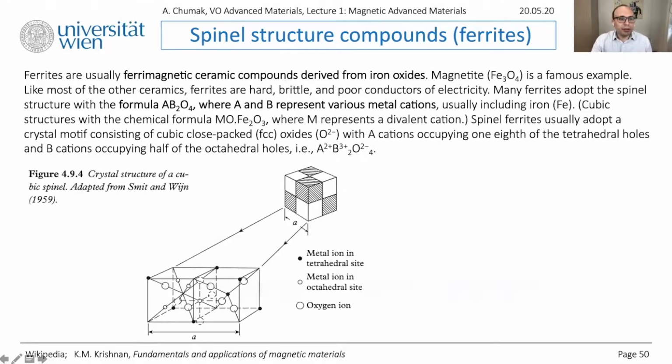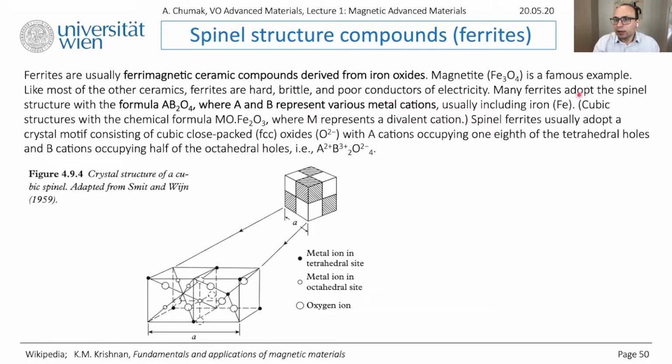Ferrites are usually ferrimagnetic ceramic compounds. It means that it's an uncompensated antiferromagnet derived from iron oxide. A very typical example of ferrite is magnetite, Fe3O4, and as we discussed, it's a material which gave its name to magnetism. It's ceramic, very hard, brittle, and a bad conductor of electricity, so it's an insulator.